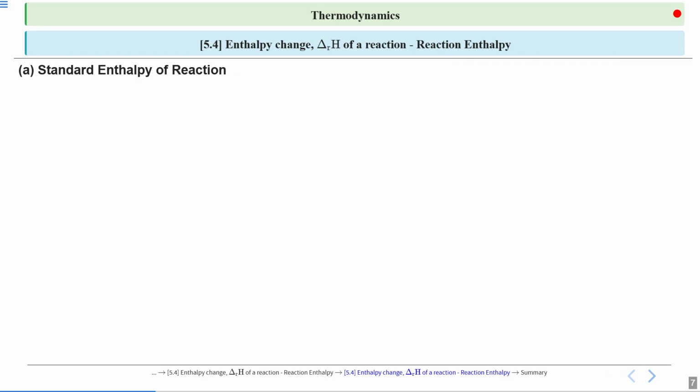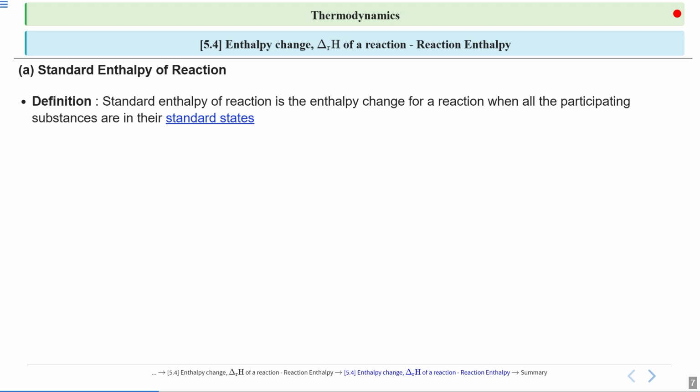Then our first type that we will discuss is the standard enthalpy of reaction. Now this is just an extension for the enthalpy of reaction. How? So in standard enthalpy of reaction, we are simply calculating the enthalpy of reaction, but the substances that are involved in the reaction are in their standard states. How?